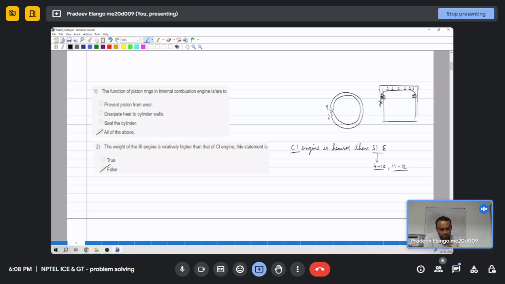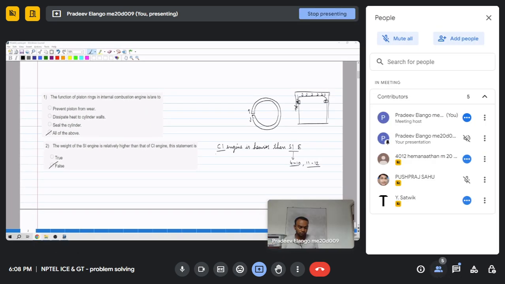And what about the CI engine? 12 to 20. Then which will have very high pressures inside, SI engine or CI engine? CI engine will have high pressure.